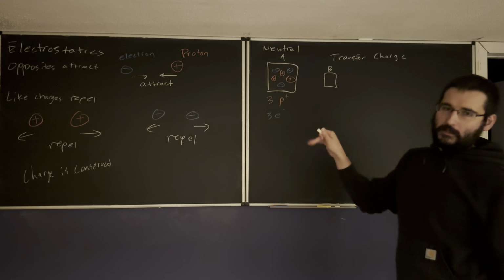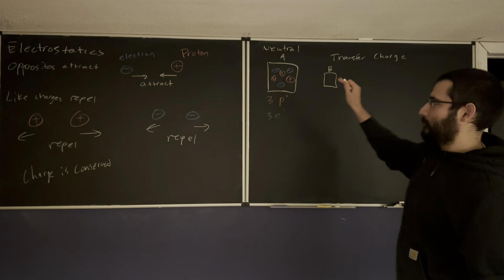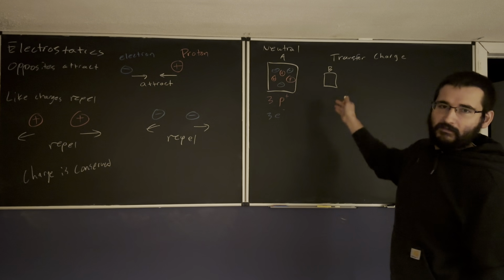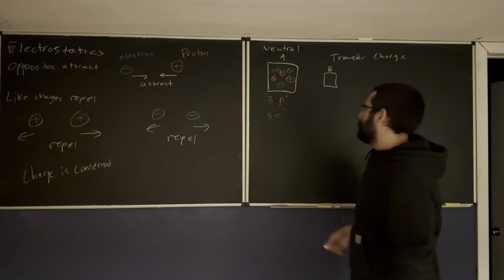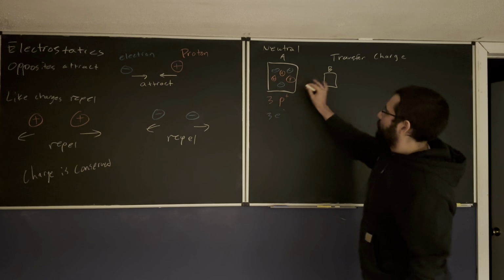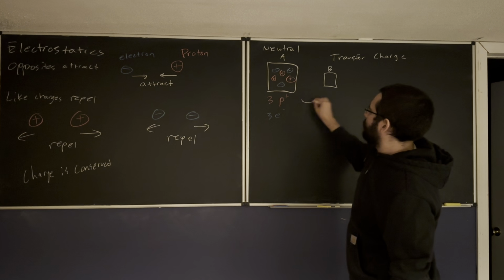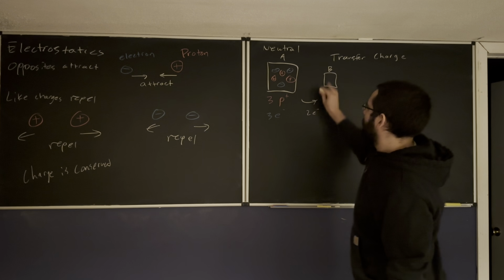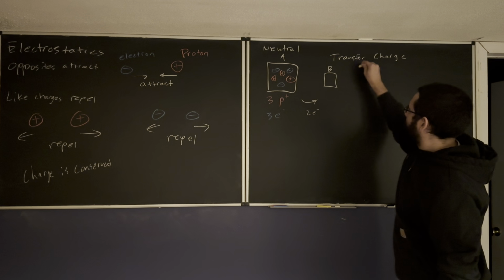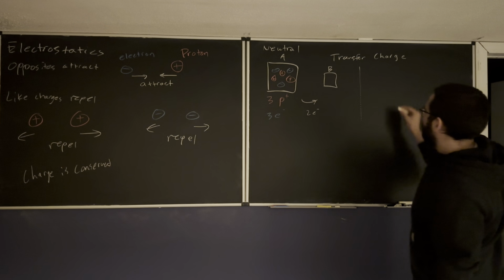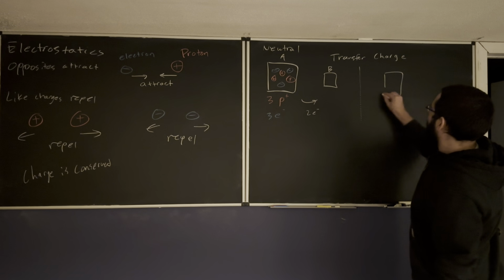I just want to demonstrate why, when one object becomes positively charged or negatively charged, the other object essentially becomes the opposite. So let me explain. Let's say I'm going to transfer 2 electrons into object B. When we look at the situation, I'm going to draw a dotted line to separate the 2 objects.